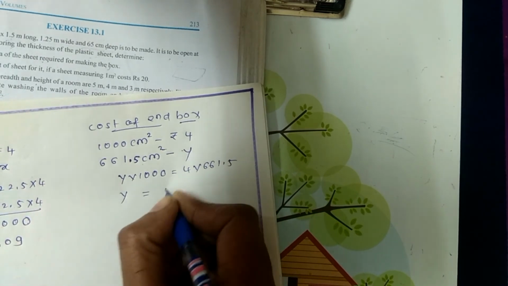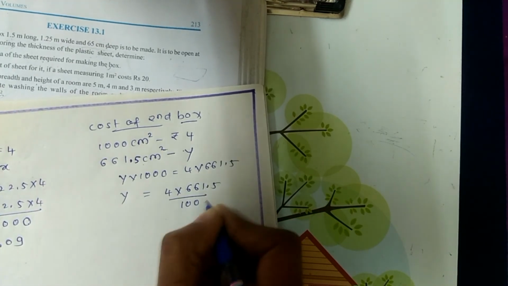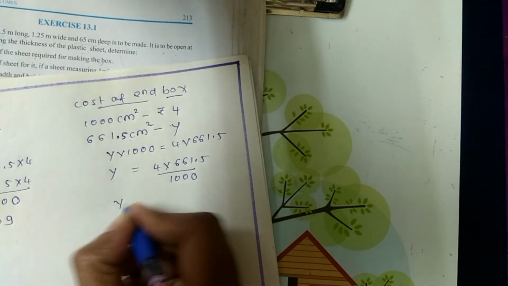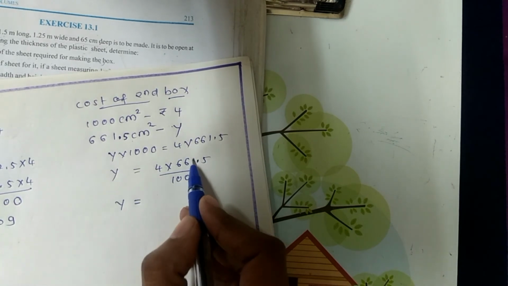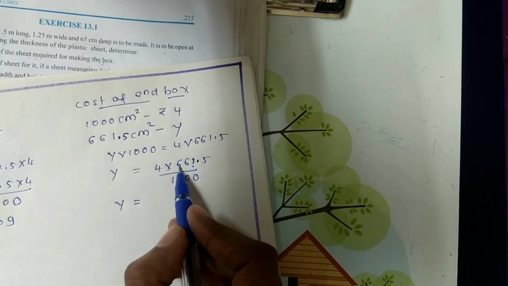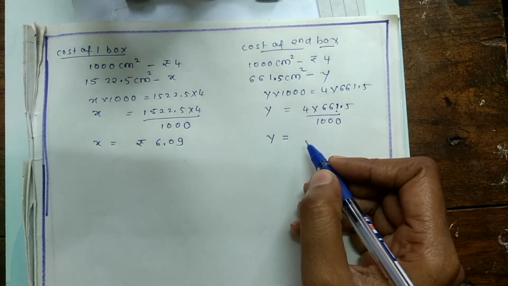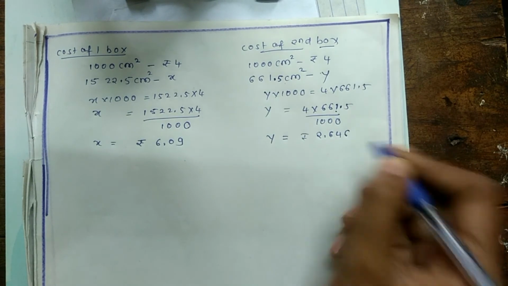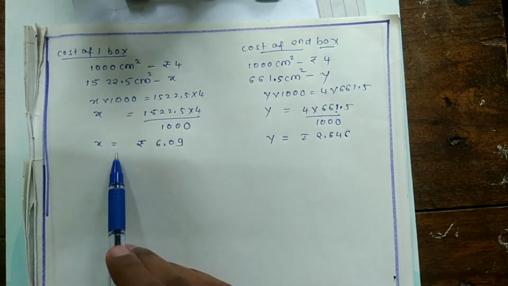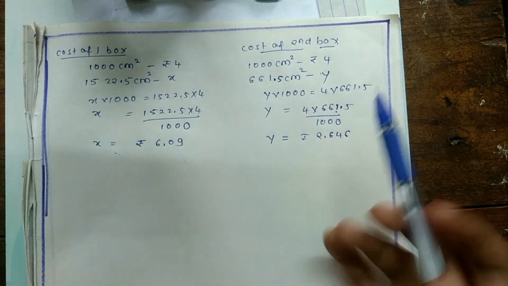So same here, you have to find out 4 into 661.5 upon 1000. Decimal multiplication is easy. It is not difficult. So here you will get the final answer as rupees 2.646. So here we have the cost of one box of the first type and the cost of the second box.